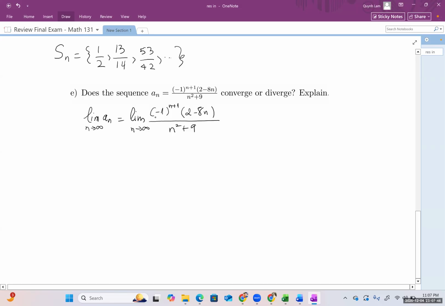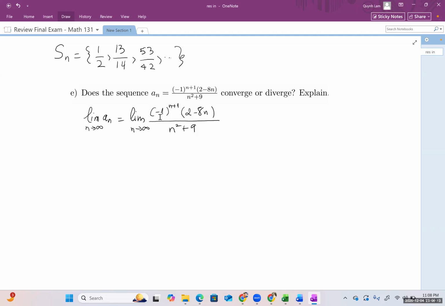Because there is a negative here, if you remember, there's a theorem for the absolute value of an alternating sequence.